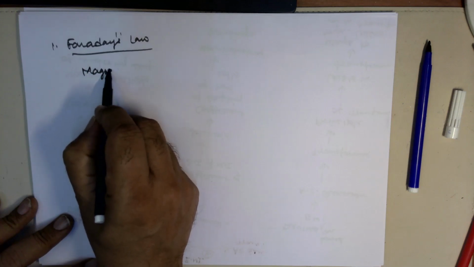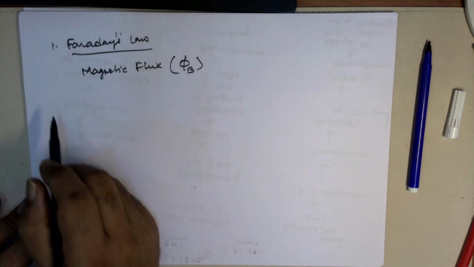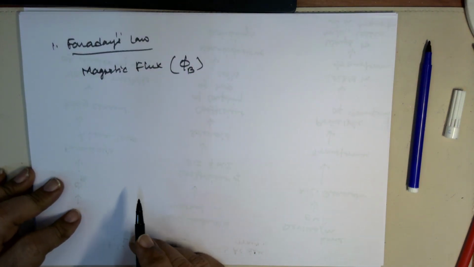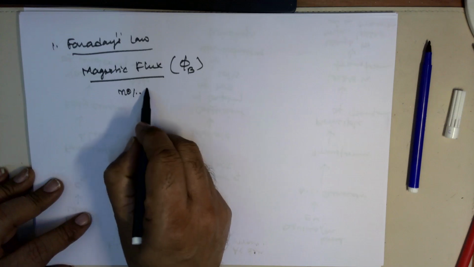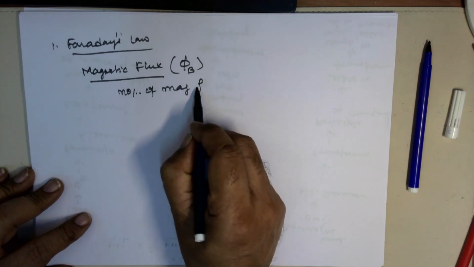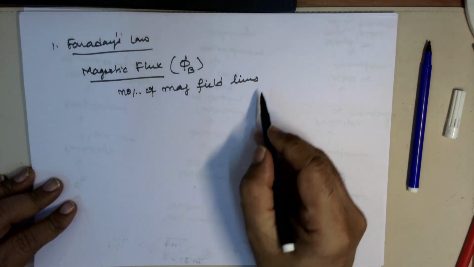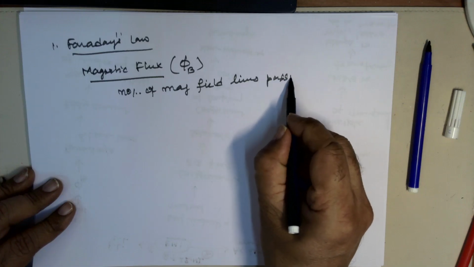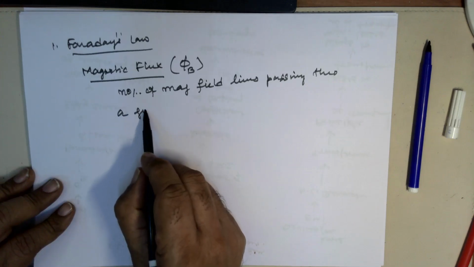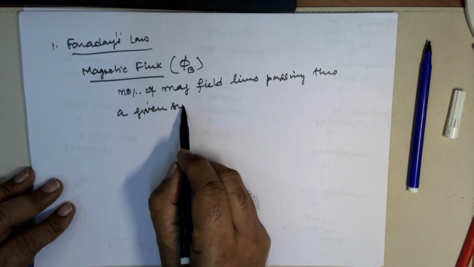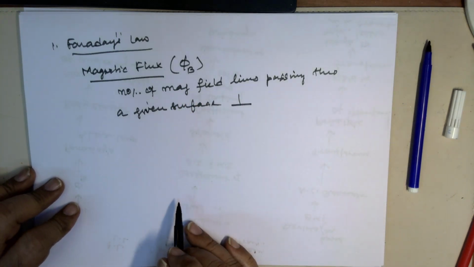Magnetic flux, that can be represented by phi B. It is the number of magnetic field lines passing through a given surface. Normally, that is perpendicular.